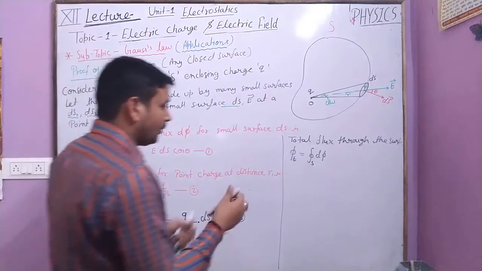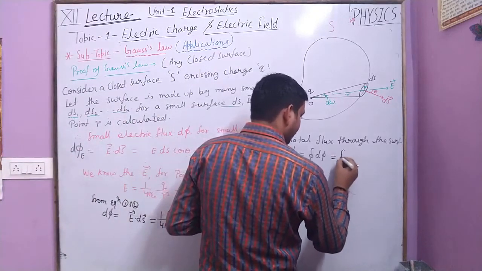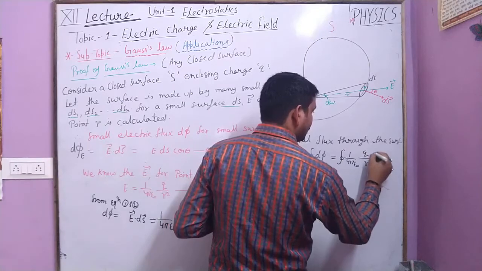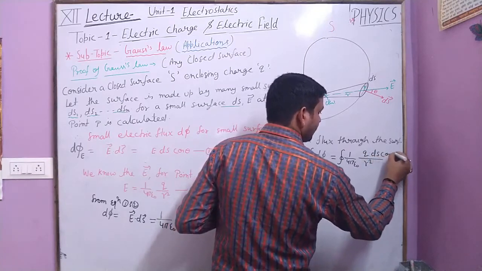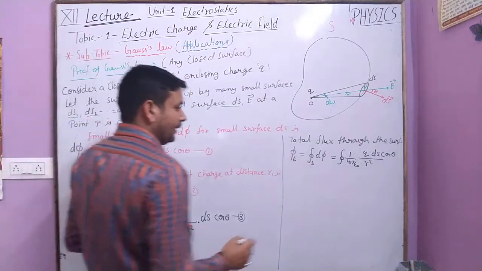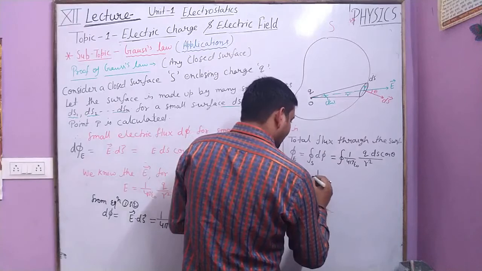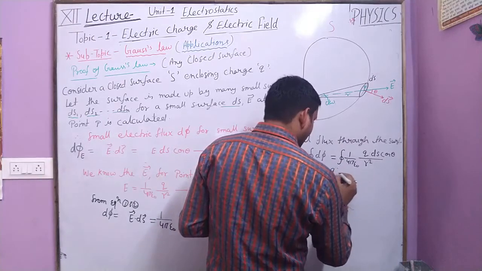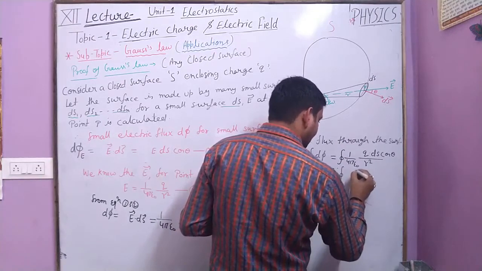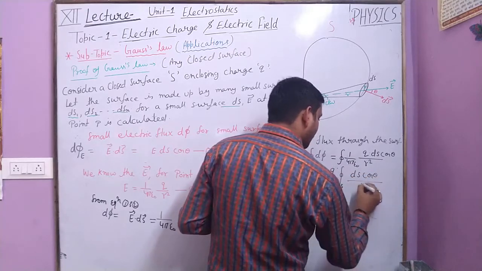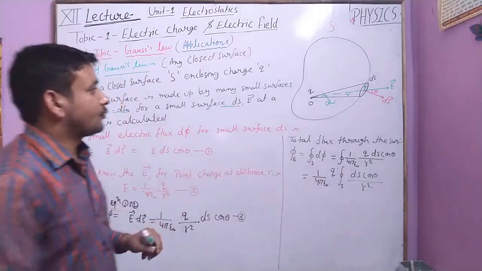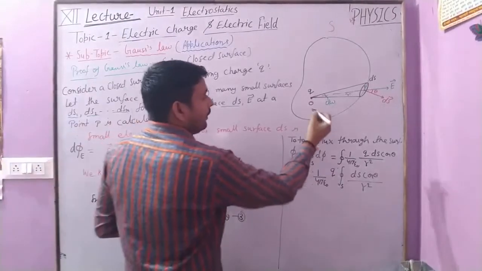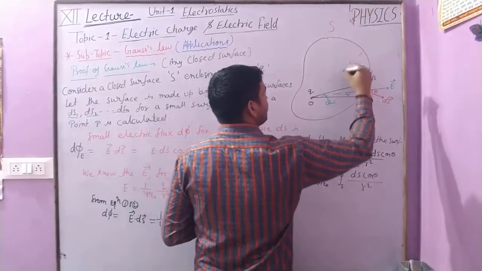Okay, now when we use this value 1 upon 4 pi epsilon naught q upon r square into ds cos theta, then we find here 1 upon 4 pi epsilon naught q closed integral of surface ds cos theta upon r square, because at this point the radius is r, but at this point is not equal to r.